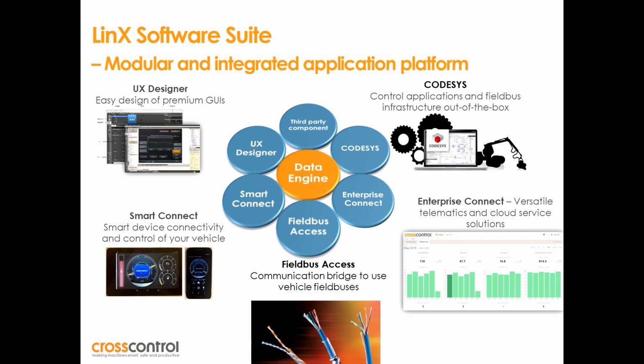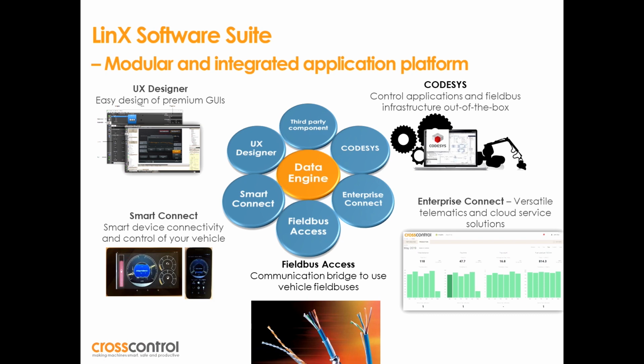However, you see the orange center of the flower, which is Data Engine. That's basically the data exchange module that is taking care of the moving of the data between the different modules here. So for example, you can easily combine UX Designer and Field Bus Access if you want to show data from the bus, show that on the screen.